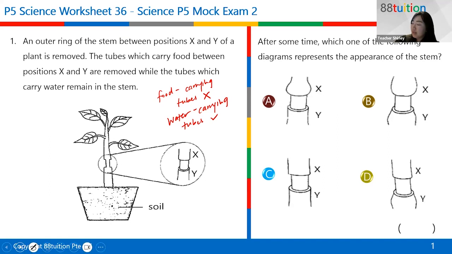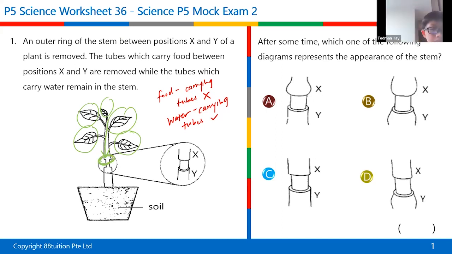So where is the food produced? The food is produced in the leaves, right? When the leaves produce the food, they try to send it down. But because the food carrying tube is removed, can the food be transported down?